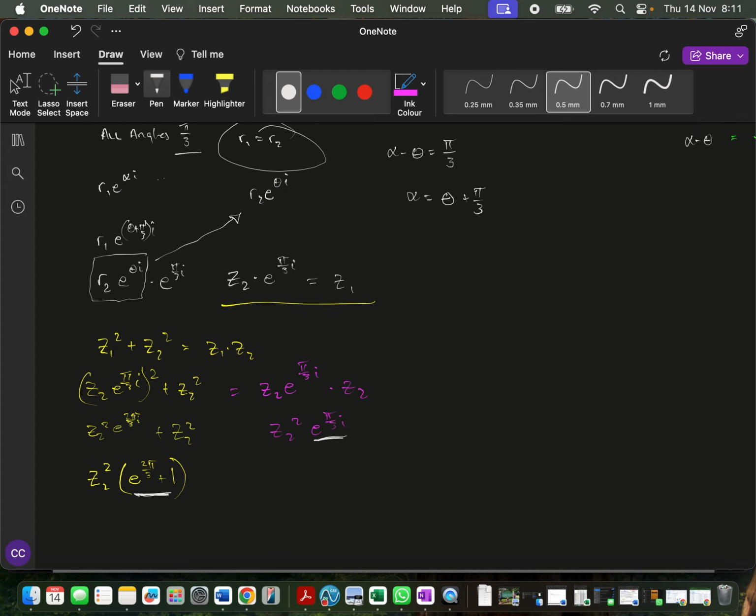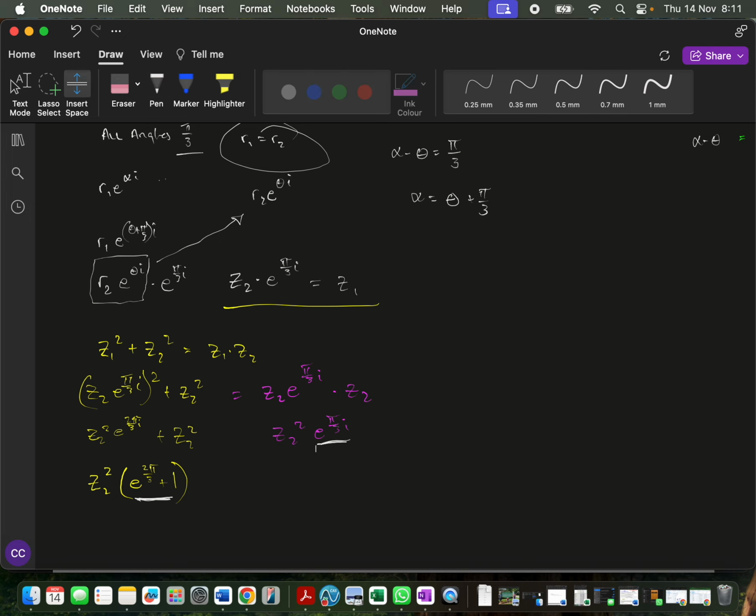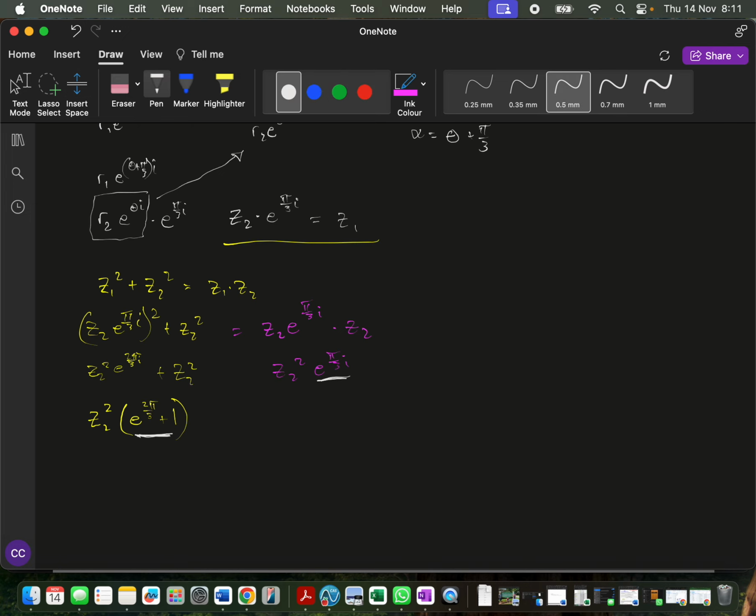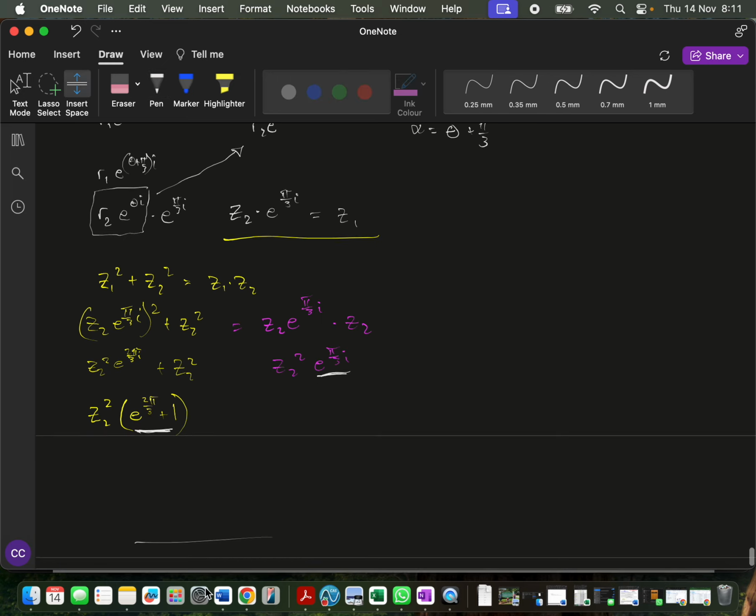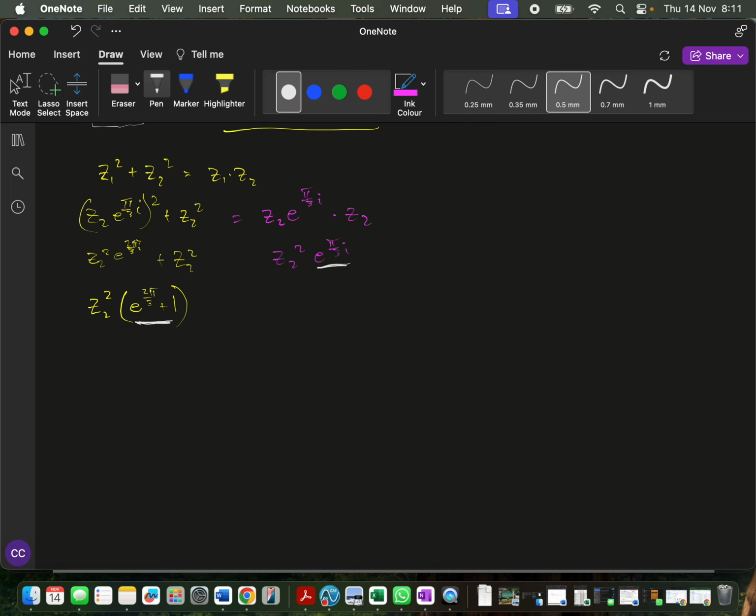So I'm going to switch to modulus form here because I think that's going to be way easier. Cosine of 2 pi over 3 plus i sine 2 pi over 3 would be negative 1/2 plus square root of 3 over 2 i.